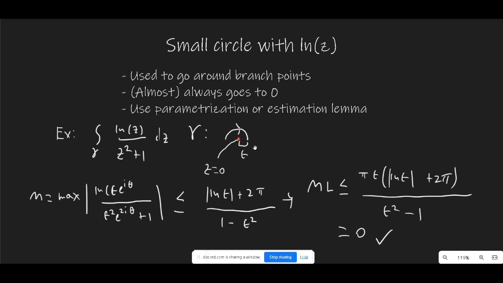Using the absolute value and the triangle inequality, we get 1 minus epsilon squared on the bottom, and it's going to be less than or equal to the modulus of natural log of epsilon plus 2 pi. Actually, this doesn't even need to be 2 pi, it could be pi, again just using the triangle inequality on both the top and bottom.